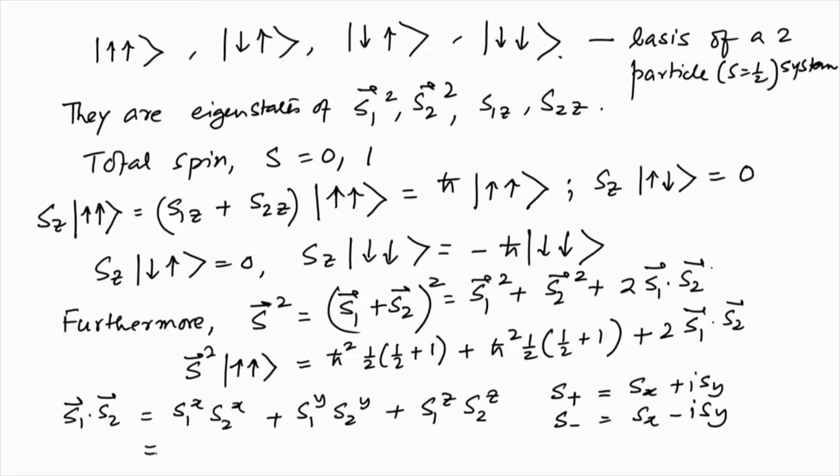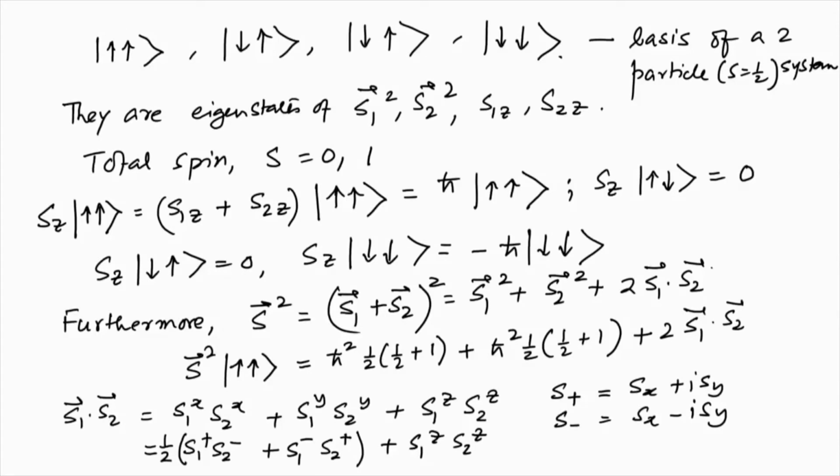Now, this will give me S1 plus S2 minus plus S1 minus S2 plus, with a factor of half there, plus S1z S2z. So, this is S1 dot S2.